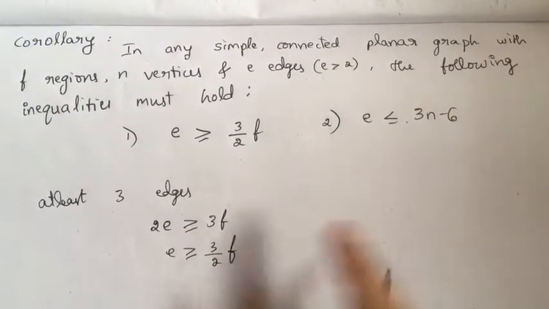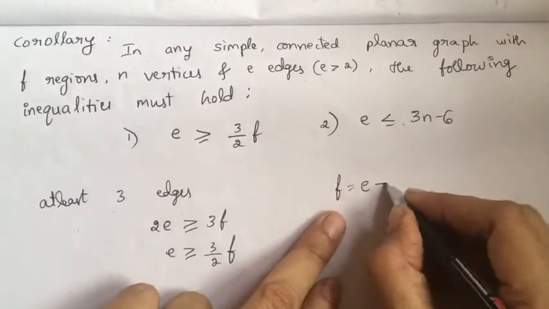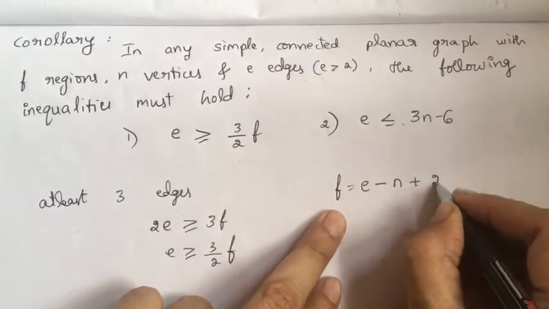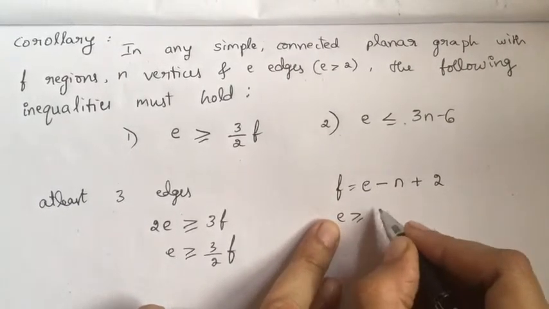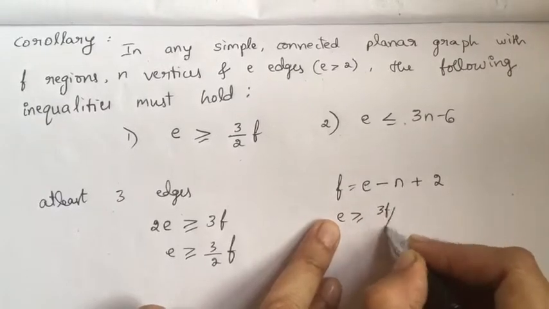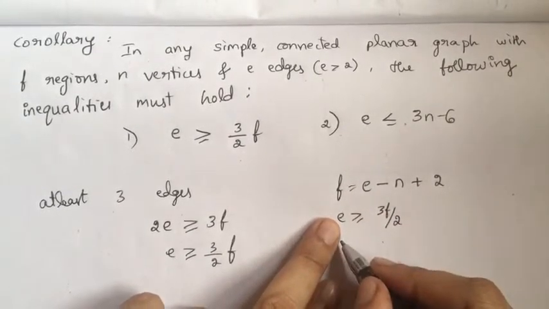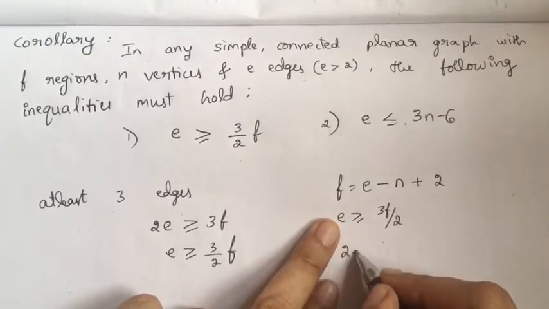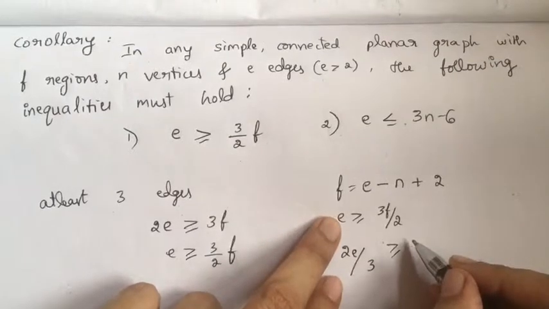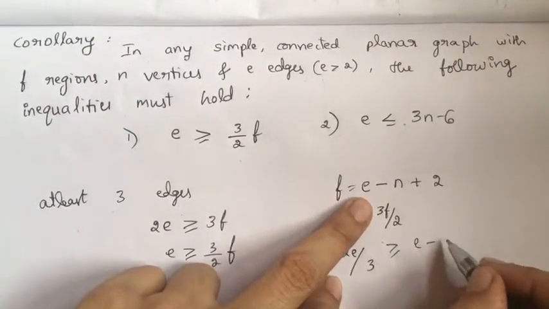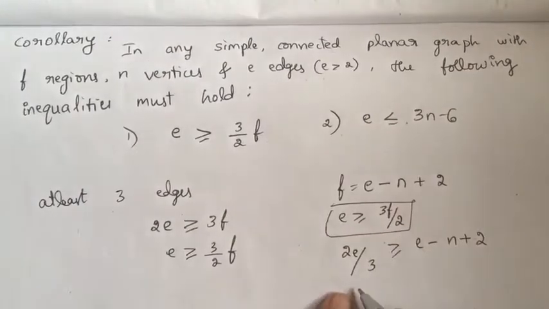For a planar graph, we have Euler's formula, that is f is equal to e minus n plus 2. Now substitute this in e greater than or equal to 3f by 2. We are getting 2e by 3 greater than or equal to f. f is nothing but e minus n plus 2, I am substituting this.